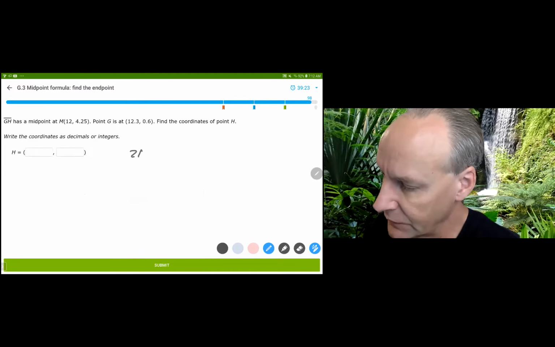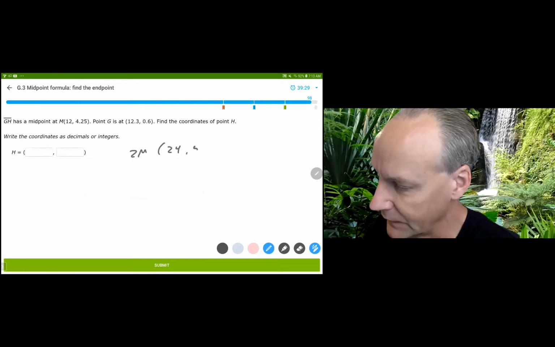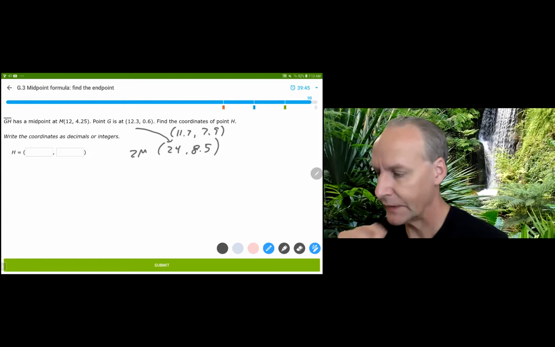Okay, so 2 times the midpoint is going to be 24, and 425 gives me 850, dummy, 850. And to get to 12.3, I need 11.7. And 0.6, I need 7.9. And to get to 8.5.